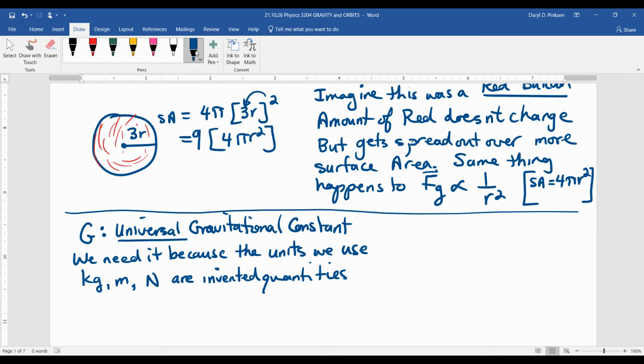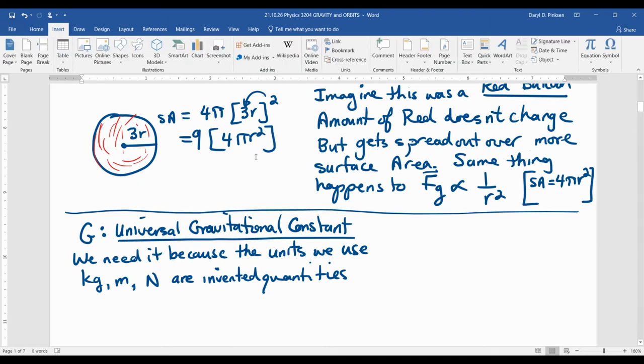But we've created these units for force, and the force of gravity is proportional to mm over r squared. In order to make the kilograms times kilograms, meters squared, newtons, to make all this fit together, we need to insert something that makes both sides of the equation fit together.